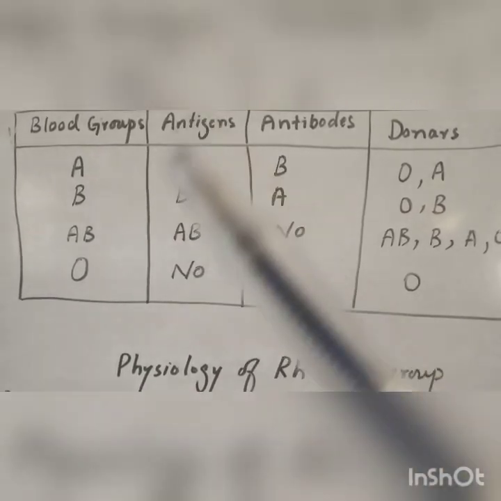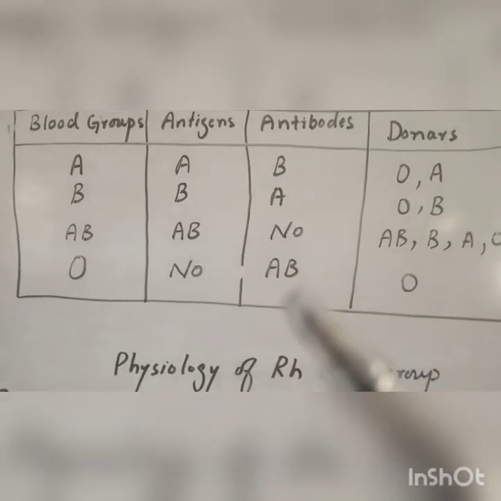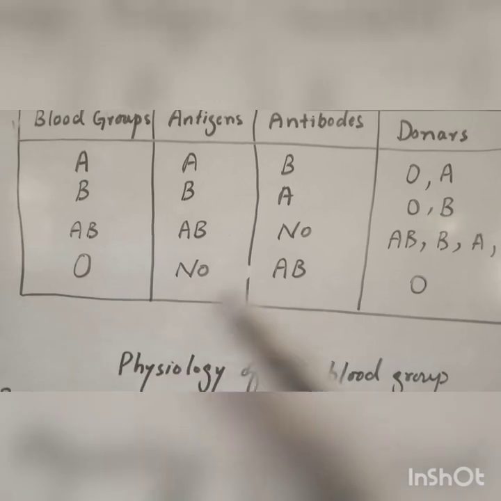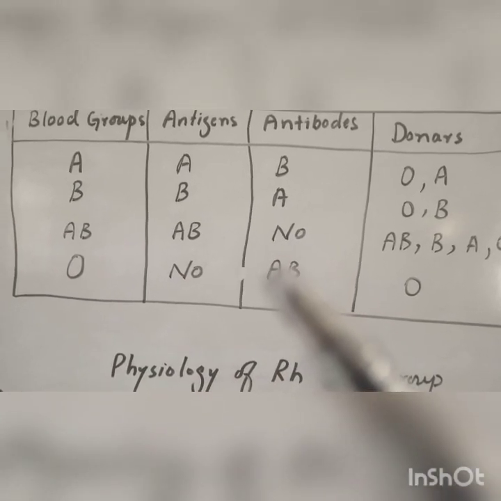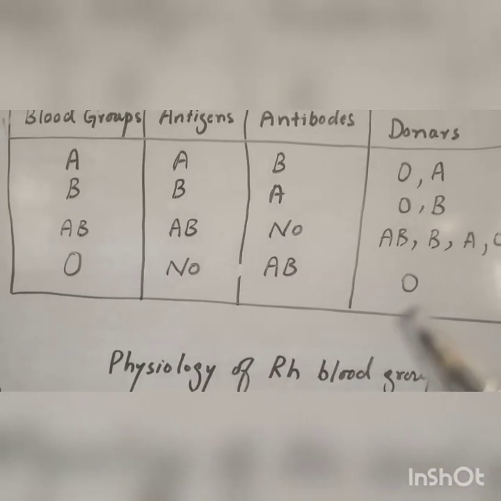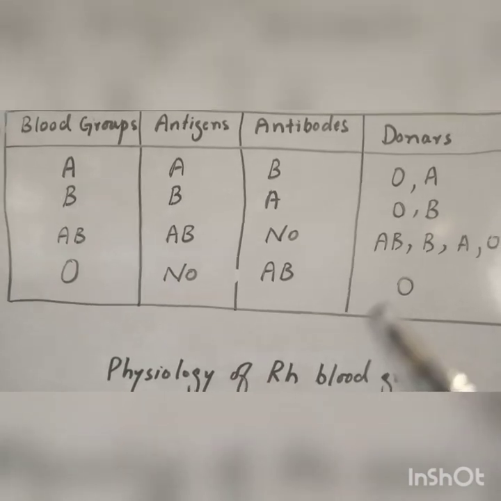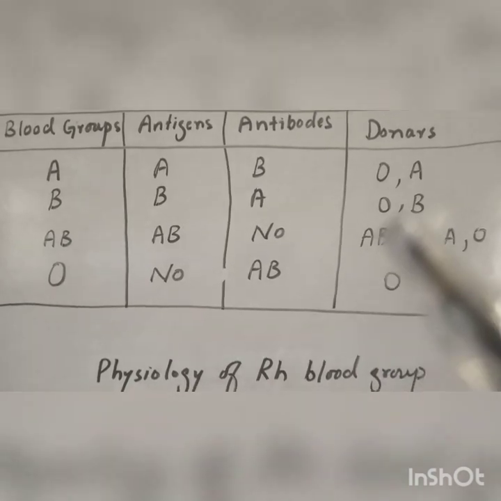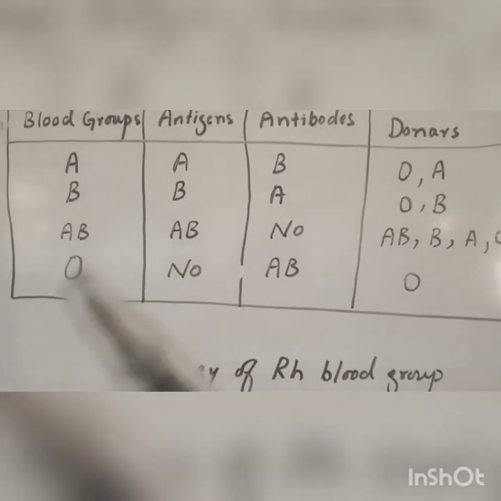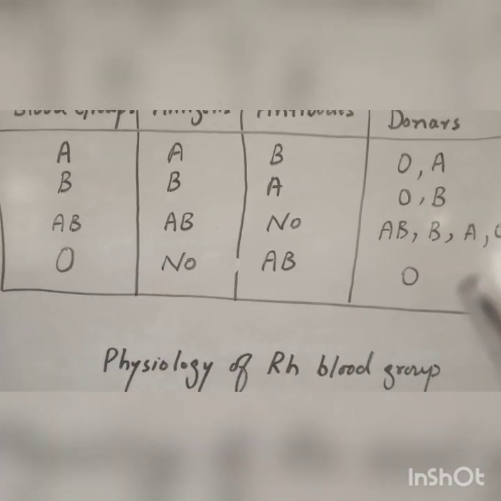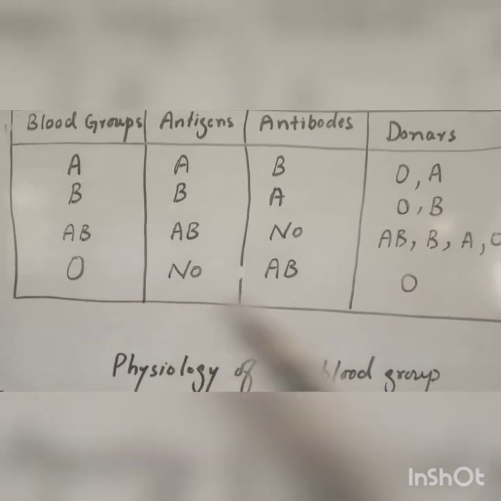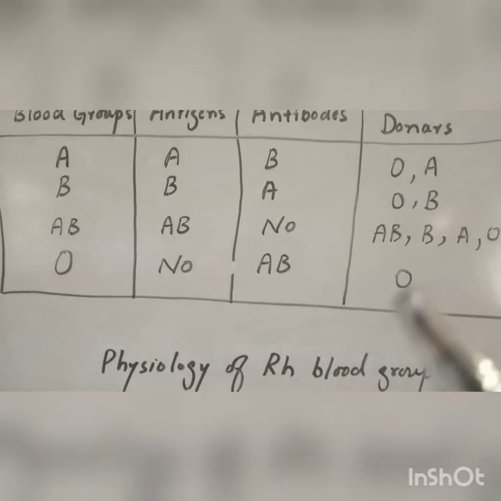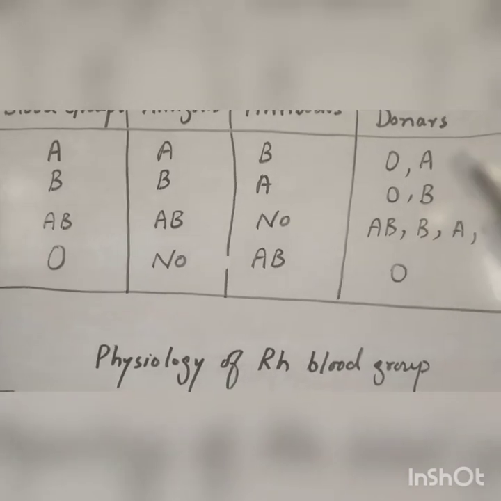All these three antigens will react with the antibodies of blood group O. So the donor for blood group O is only group O, and blood group O is known as the universal donor because we can transfuse blood group O to all the three other groups.